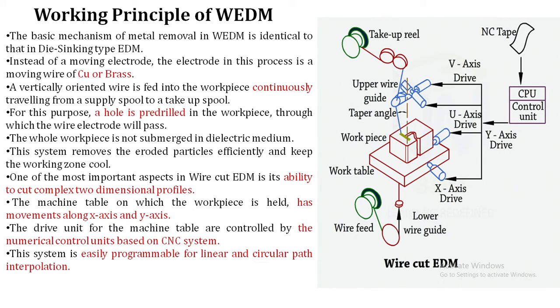Next, one more thing remaining is that it is easily programmable for linear and circular path interpolation. That is a very important feature of the wire EDM process, because whenever linear or circular interpolation type machining components are there, wire EDM with the help of CNC programming is very useful to machine any circular or linear component.